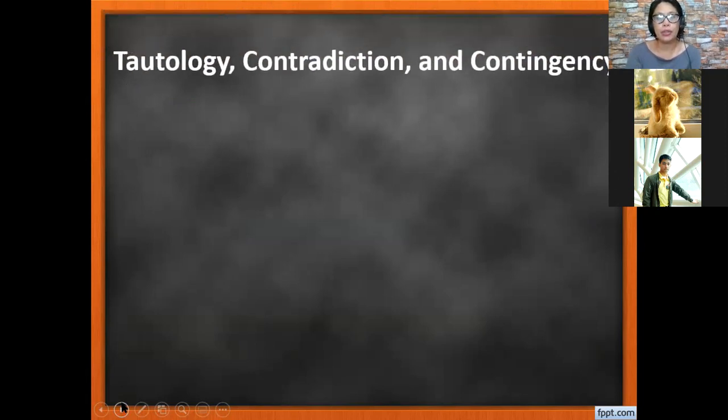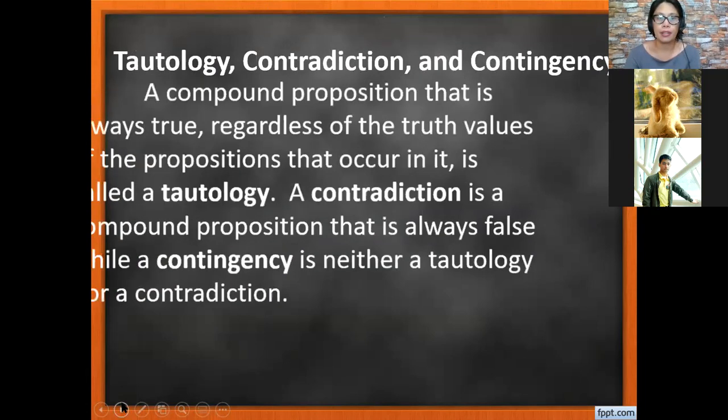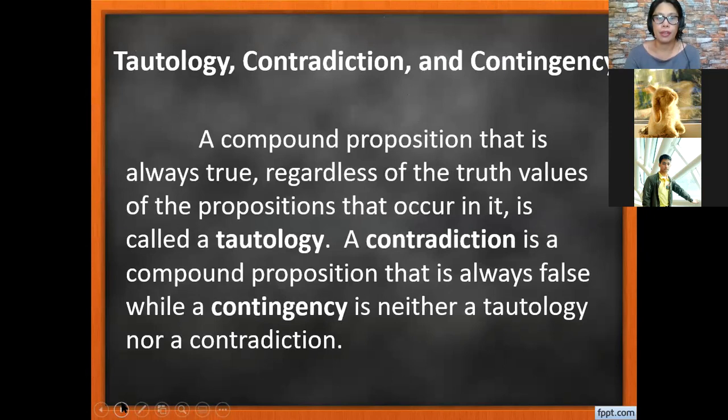Okay, so how about the three terms tautology, contradiction, and contingency? We're talking here of compound propositions, guys. If a compound proposition is always true regardless of the truth values of the propositions that occur in it, it's called a tautology.